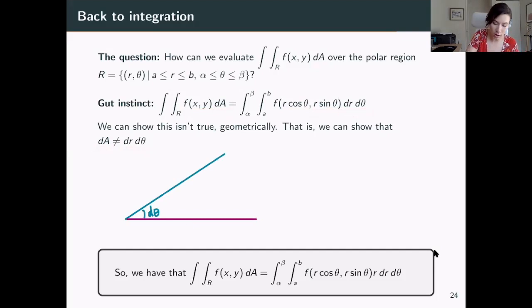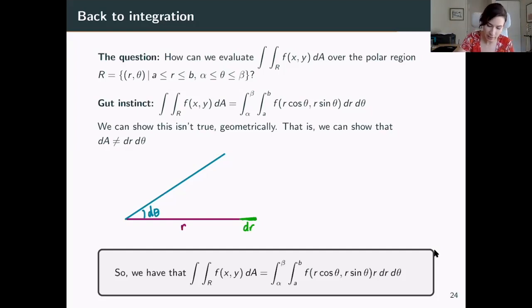To this r, I could think of a tiny increment of r, which I'm going to call my dr. So here's a tiny little part, which I will call dr. And from here, I can think about the area that I would generate if I moved dr by this angle of d theta.